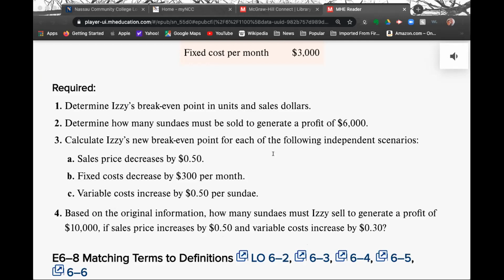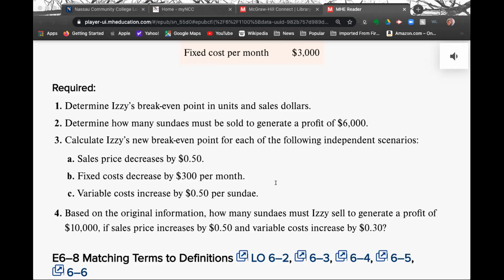So if sales price increased 50 cents, the new sales price would be $5.50, and if variable cost increased 30 cents, the new variable cost would be $2.30. $5.50 minus $2.30 is $3.20. The contribution margin now is $3.20.